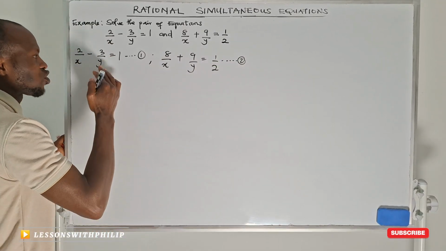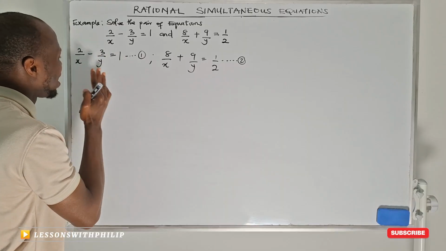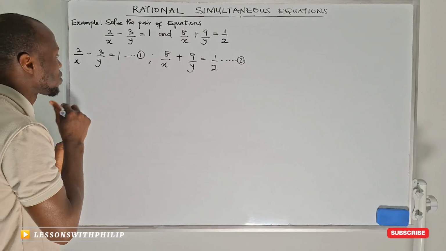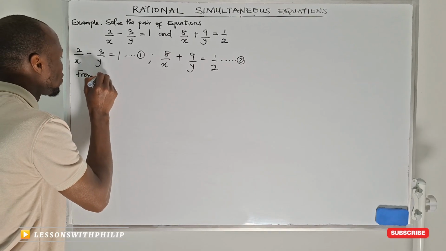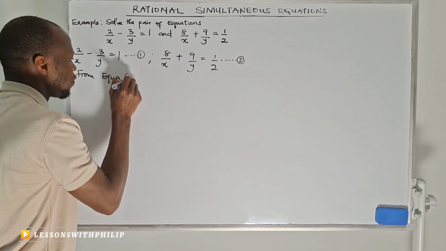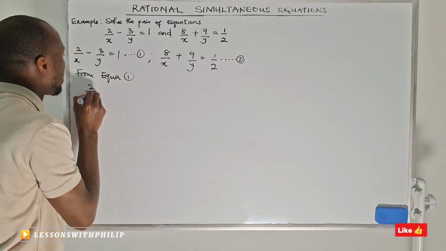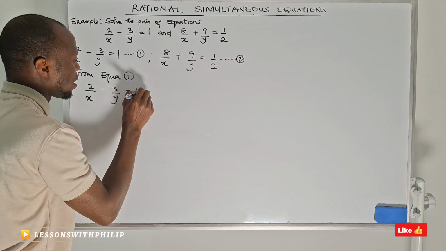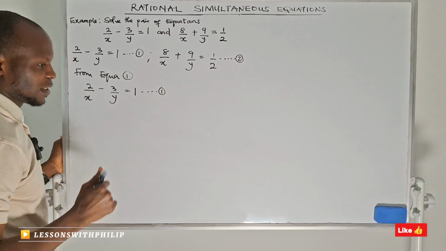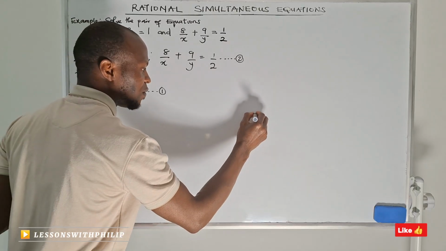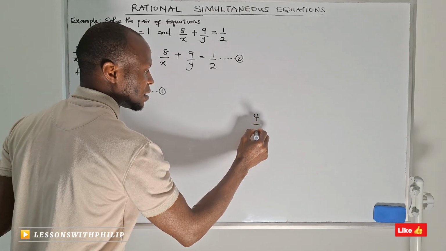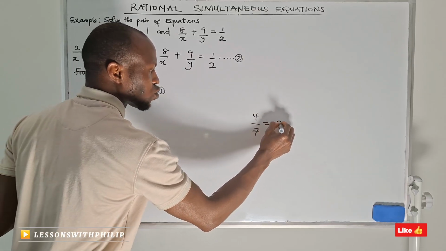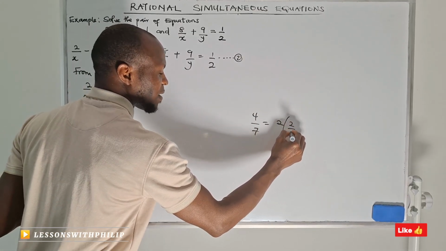Now, I just want to deal with these rational equations. So from equation 1, we have 2 divided by x minus 3 divided by y equals 1. This is my equation 1. Do you know that when we have 4 over 7, for example, it's the same thing as 2 into bracket 2 over 7?